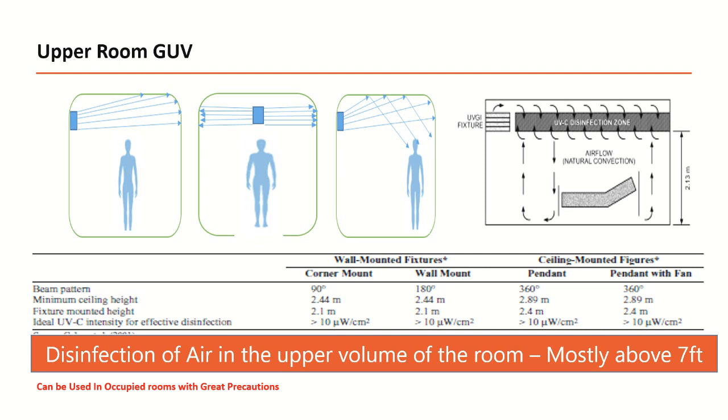In one of the methods, the luminaires can be placed on the sides and directed slightly upwards so that the air above gets disinfected. Now, this disinfected air is continuously recirculated from the upper part to the lower part of the room by mechanical or natural ventilation. Even simple fans will do this job.